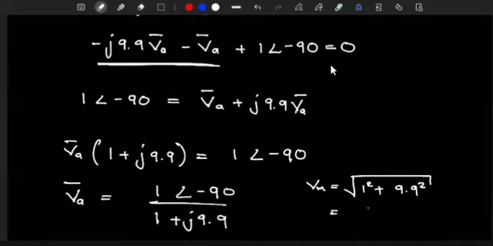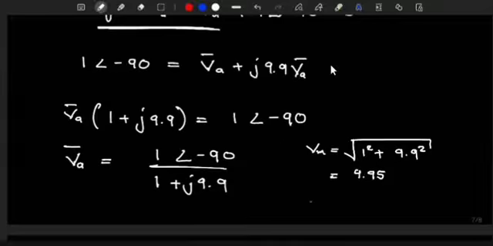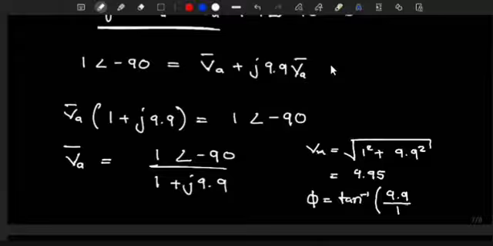Yes. So you did the square root of 1 squared plus 9.9 squared. That's what you did? Yes. Okay. 9.95. Then the phase angle, tan inverse of what? 9.9 over 1. Y over x. Remember?